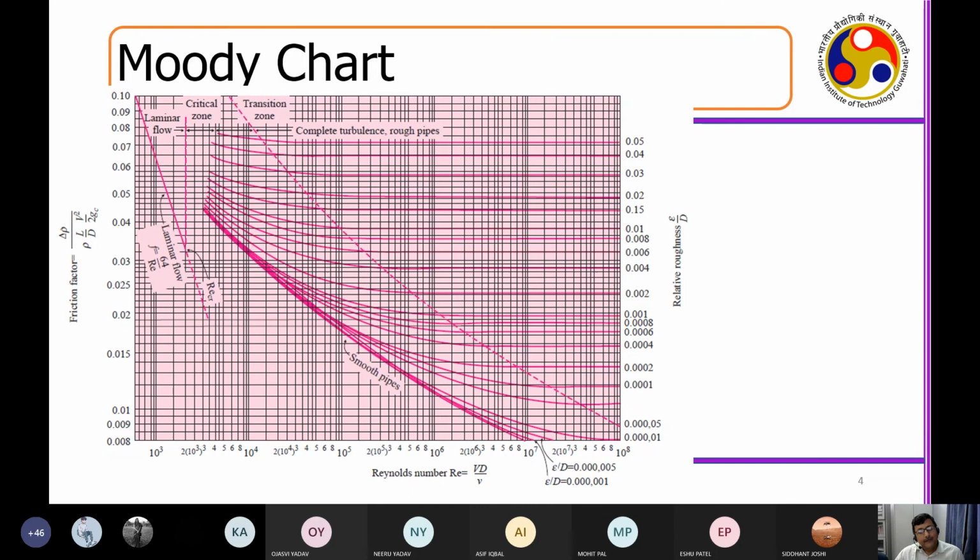With increase in velocity, there was a decrease in drag. But in case of a smooth pipe, F drag was directly proportional. See, here also with increase in velocity, your friction factor is reducing, right?